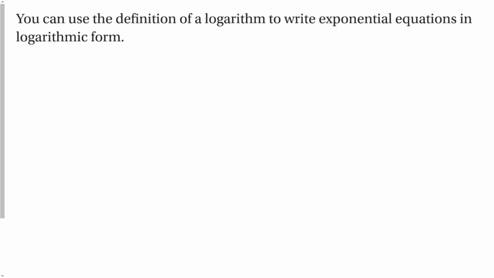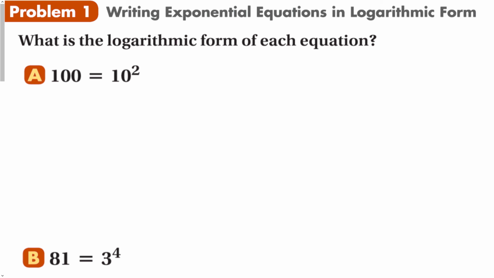So we can use the definition of a logarithm to change exponential equations and put them into logarithmic form. Okay? So here's where we're going to get started. We're going to take this definition that 100 is equal to 10 squared. We know that's true. We're going to write it as a logarithm.